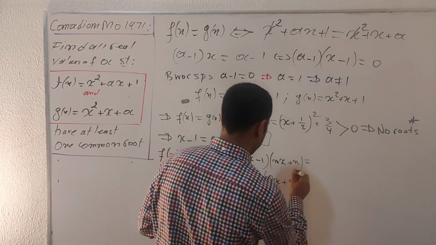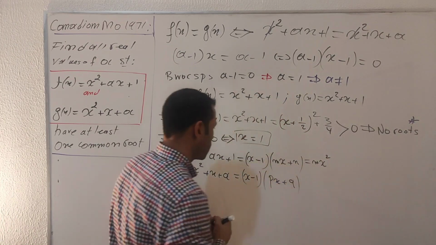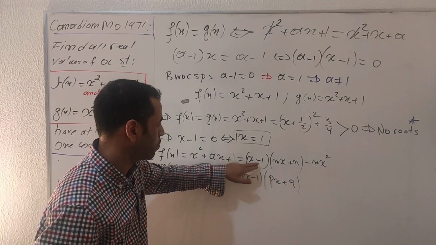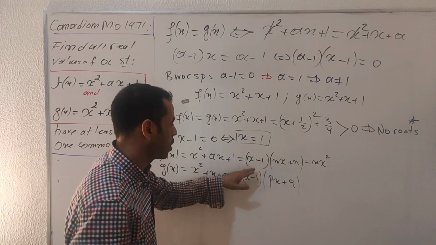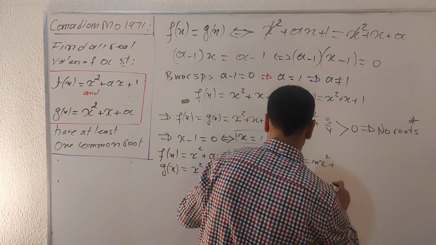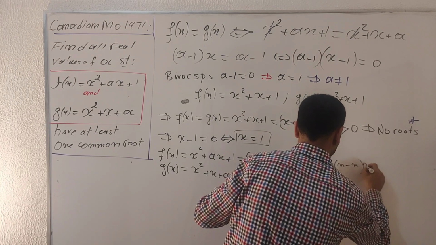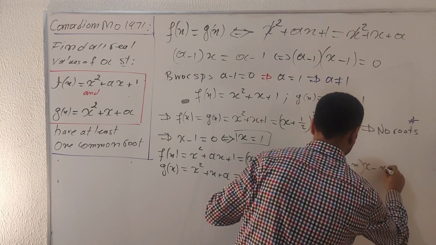For the first one, we get m multiplied by x squared. Then, multiplying term by term and putting x as a common factor, I get plus n minus m multiplied by x, minus the last term, which is minus n.